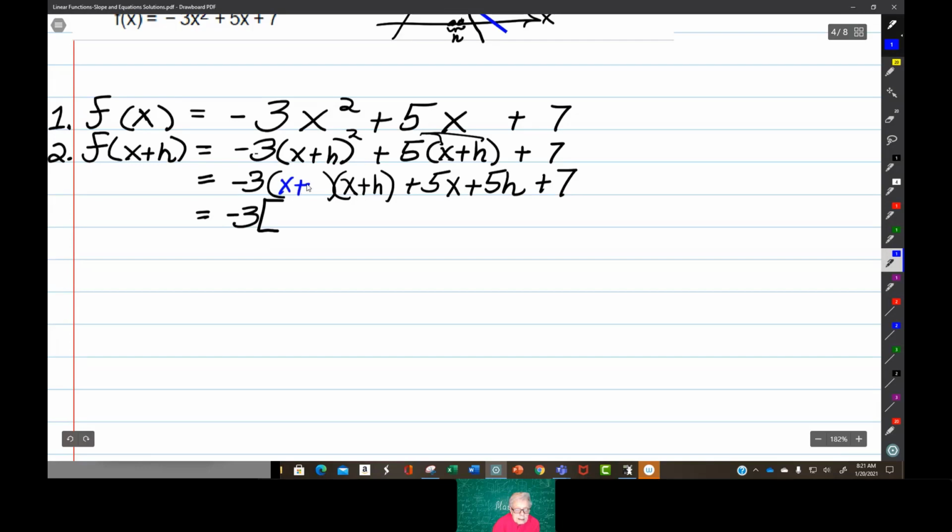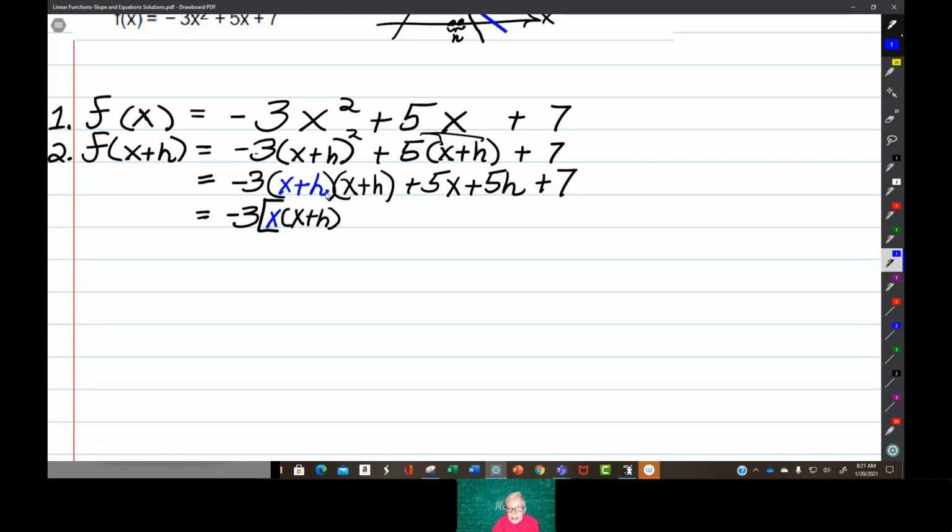Here's how you multiply these. Take that x, multiply it by the second set of parentheses, x plus h.